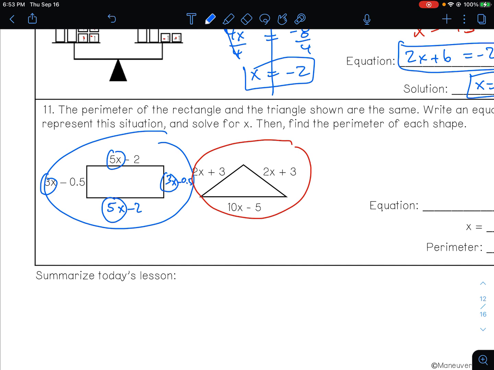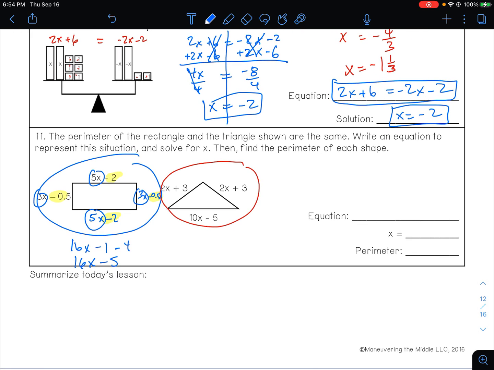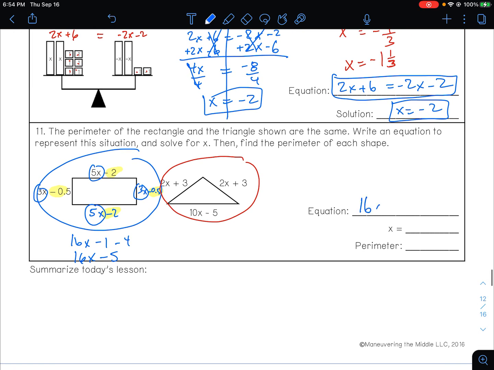That's like 16x, I guess. And then you have minus 0.5 minus 0.5. That's like minus 1. And then you have minus 2. That's like minus 4, which gets us 16x minus 5, right? So that's one side of the equation. It is 16x minus 5.